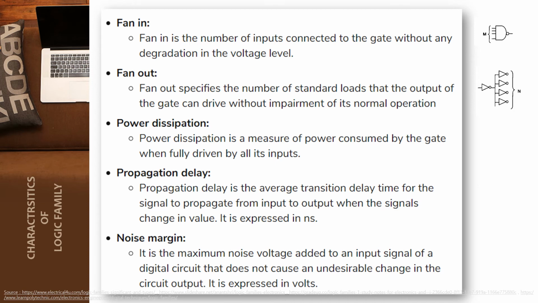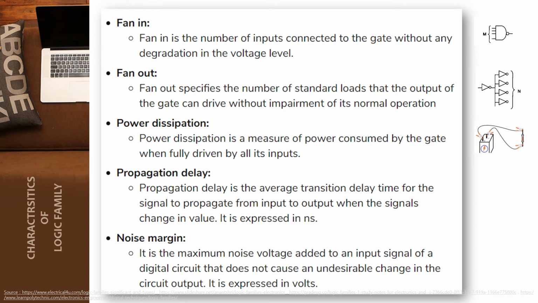Then we have power dissipation. It's very simple. Power dissipation is a measure of power consumed by the gate when fully driven by all its inputs. When you design the gate, when you operate the gate, n number of inputs may be there, right? And when you apply the power, power dissipation is nothing but the measure of power consumed.